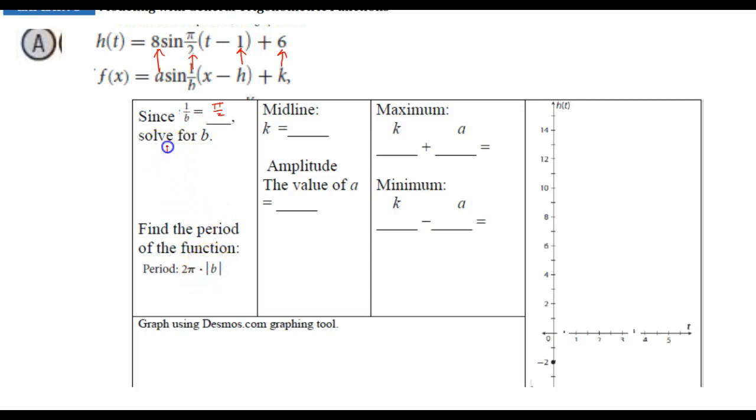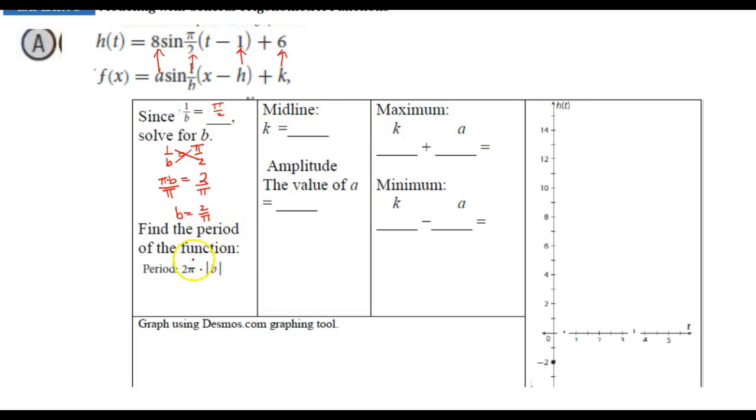So let's do that. 1 over B equals pi over 2. Let's go ahead and cross multiply. What would 2 times 1 be? 2. What would pi times B be? Pi b. What's the opposite of multiplying, by the way? Dividing, right? So we're going to divide both sides by pi. And I'm left with b equals 2 over pi.